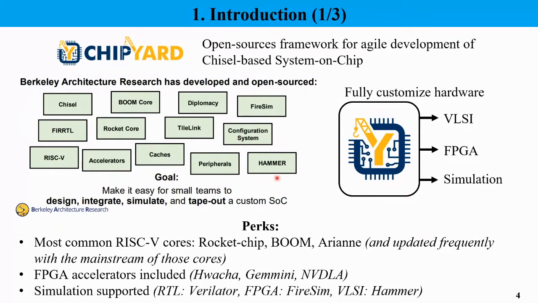It integrates the Rocket Chip, the Berkeley Out-of-Order Machine BOOM, and the Ariane core. There are also several kinds of accelerators, like Hwacha, Gemmini, and the NVIDIA Deep Learning Accelerator.